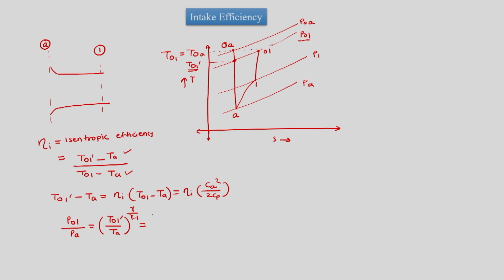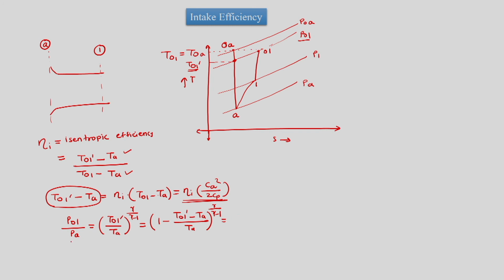We are saying P naught 1 pressure ideally would have been reached at T naught 1 dash as temperature. So this expression can be written as T naught 1 dash minus Ta upon Ta, bracket raised to gamma upon gamma minus 1. This is just a rearrangement, and it helps us give this T naught 1 dash minus Ta in terms of efficiency.